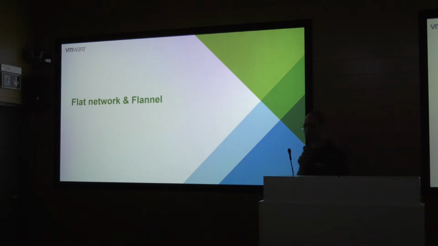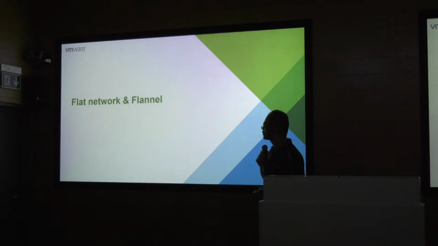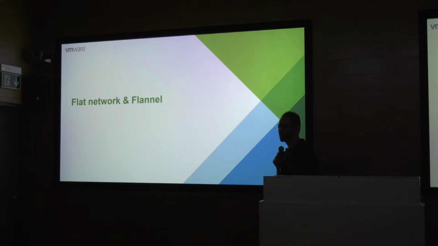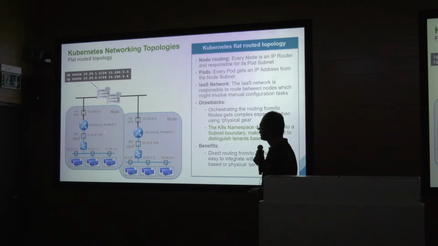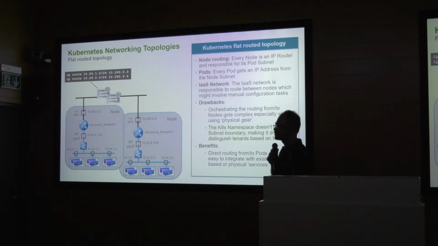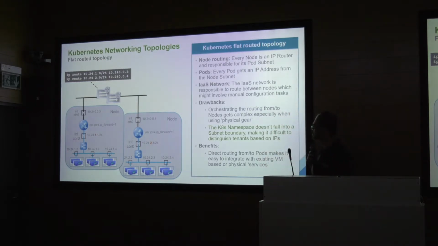Let me first focus on a regular approach with flat network and Flannel, and then I will jump into our own solution based on NSX-T. Here we have an assumption that we are using a flat routing network topology. What does it mean?